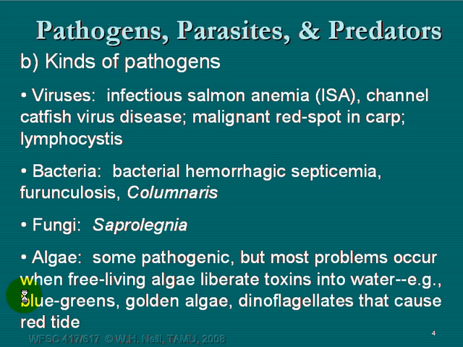In fact, on you, if you've ever been down on the coast during a big red tide bloom, you can smell it and you can feel it. It burns your eyes. Blue-greens, golden algae that are in freshwater mostly. The dinoflagellates like brown tide, or red tide, I guess, more than brown tide. All those secrete toxins that have adverse effects.